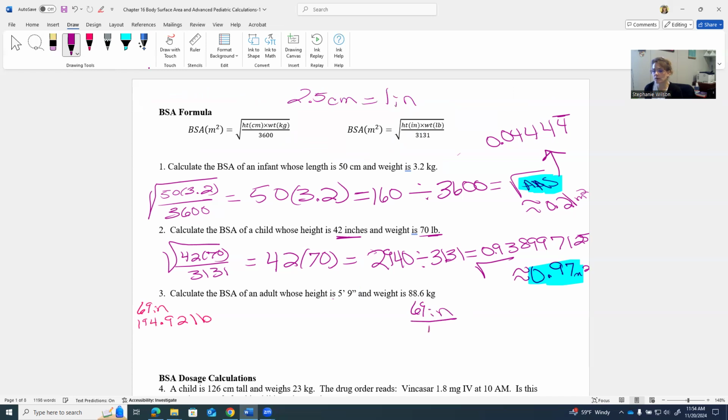So we're going to divide this by 1 inch times 2.5 centimeters. Clear your calculator out, we're good. 69 times 2.5. So that's, I'm going to write this down right here, 172.5 centimeters.